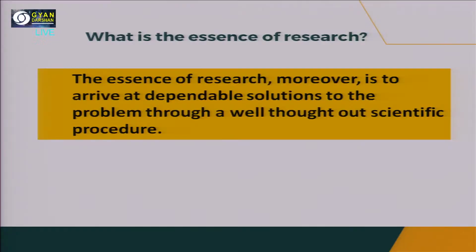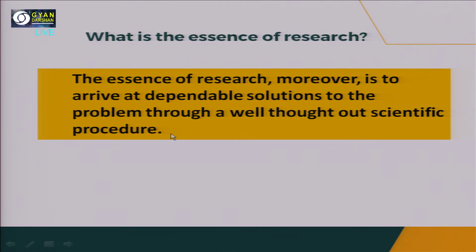Now let us go forward to understand the very concept of the essence of research, why we do research. The essence of research, moreover, is to arrive at dependable solutions to the problem through a well thought out scientific procedure.